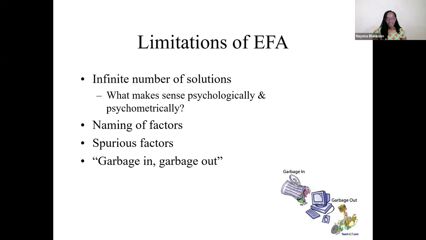Thinking about what makes sense psychologically, what makes sense psychometrically, when you look at the items and how they're going on the factors, does it make sense theoretically? If the items were supposed to be reverse scored or not, does the direction of the loadings make sense? All of these things are some of the challenges with factor analysis.